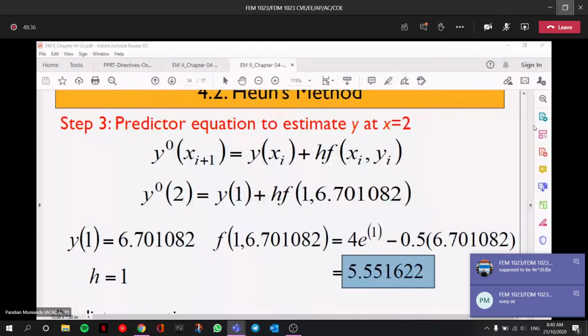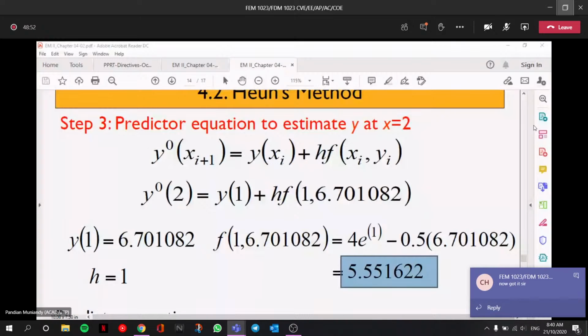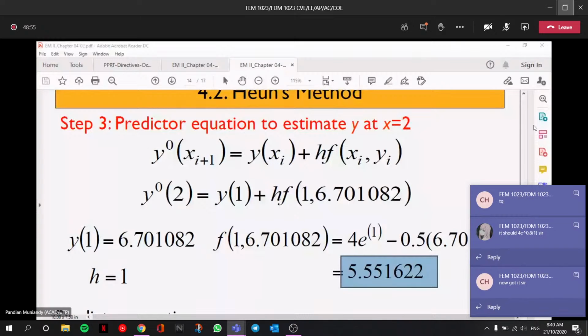The 0.8 is missing here. This one is wrong, sorry. So the answer is correct.